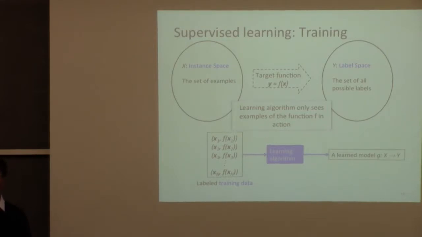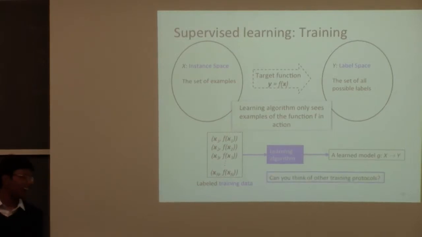And there is often some abuse of notation with respect to the word model, but at least for now, when I say model, I mean the function that is learned, that is produced by this learning algorithm. And the job of this function is to mimic f. This is the standard setting for supervised learning.